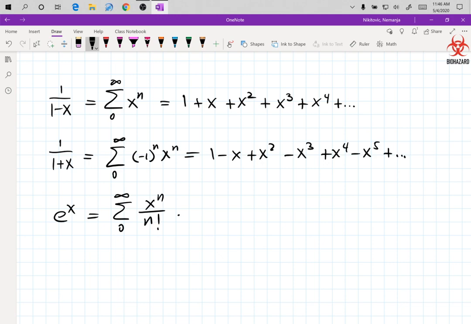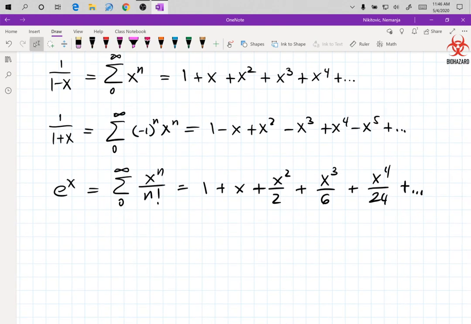Now, if you just write out these terms, it is 1 plus x plus x squared over 2 plus x cubed over 6 plus x to the fourth over 24 plus dot dot dot going forever. So that's another basic one. Again, this one is not basic, you don't generally write it, but it's easy to remember because of the one on top that you should know. So these are the ones that you should know by now.